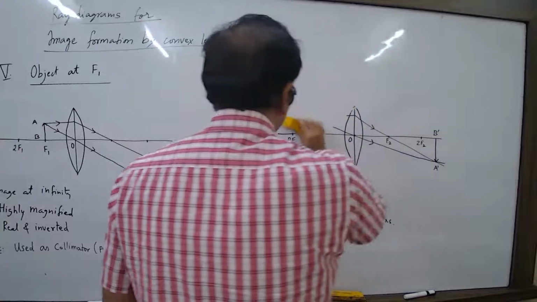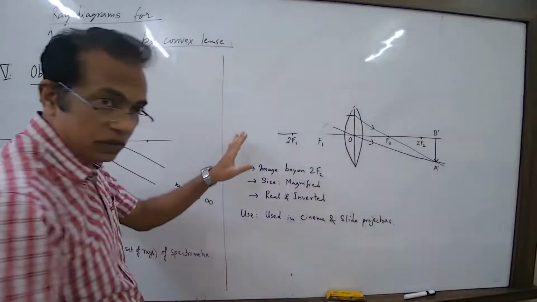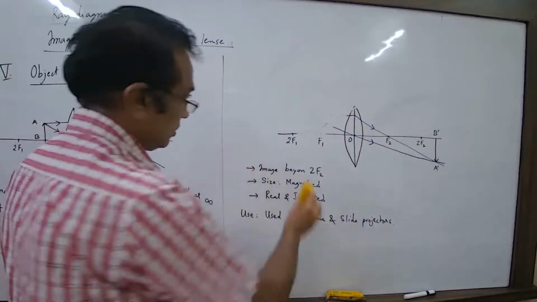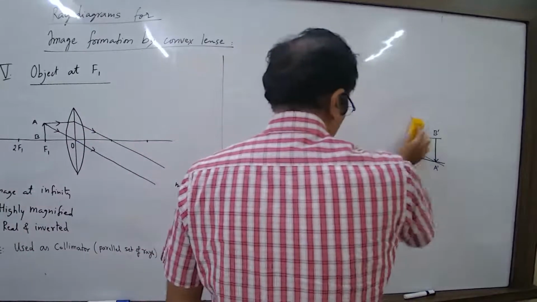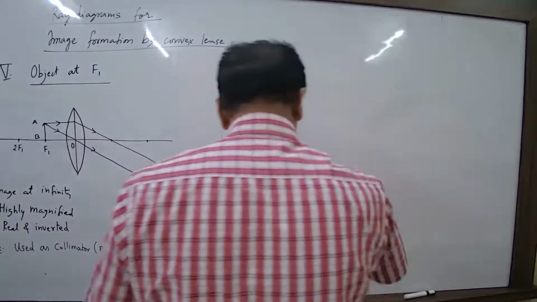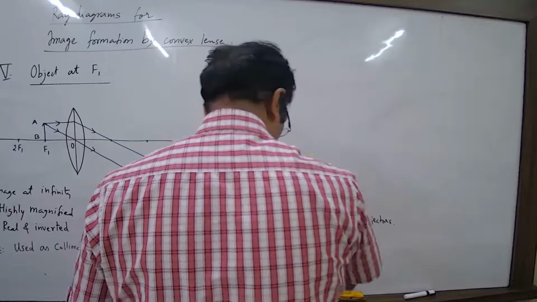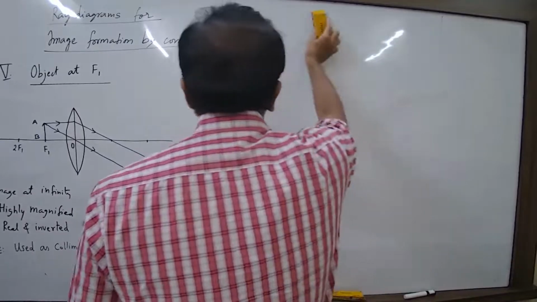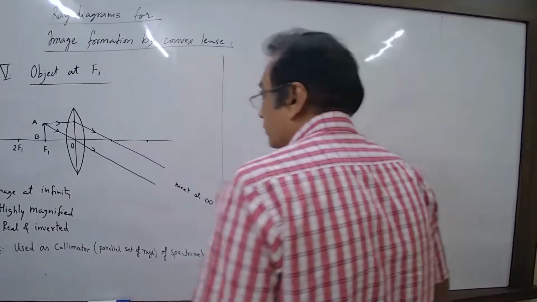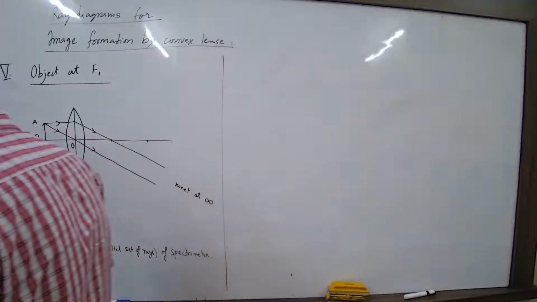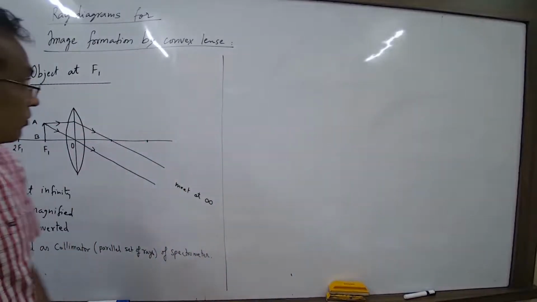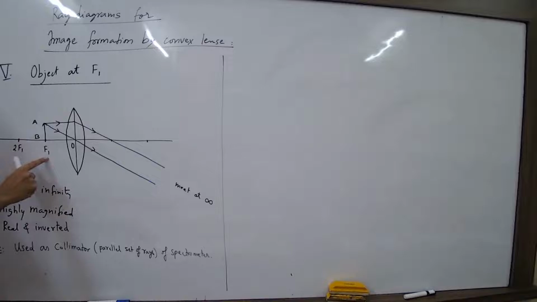Now the last one is, has everybody written this? So we did till F1. Now what is left between F1 and O?